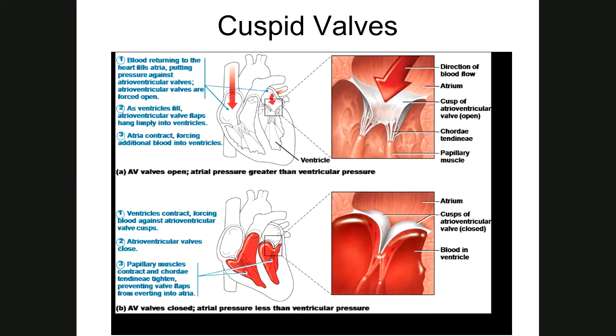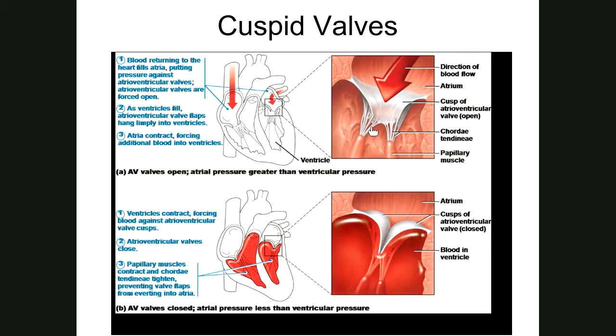Here are the cuspid valves here, and you see that there are flaps. There's a flap here, this little cusp, this tissue here, and it's attached to some little strings here called chordae tendineae. Means tendinous cords, and they're attached to some little muscles that project from the ventricular wall called papillary muscle. Remember, papilla are projections. So the bicuspid and the tricuspid valve have cusps.